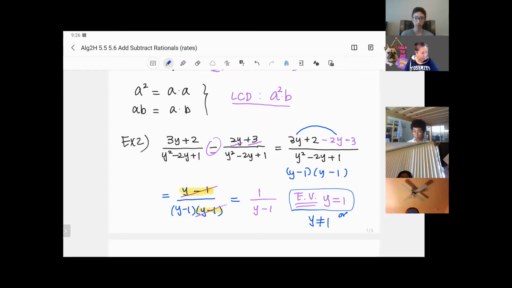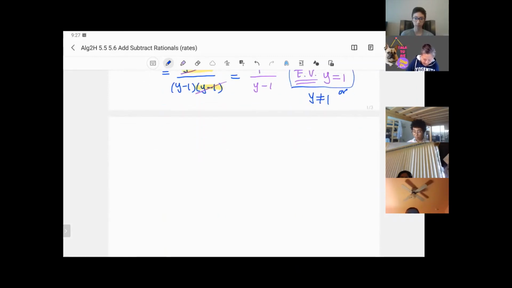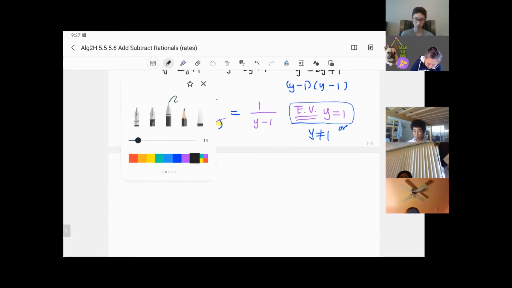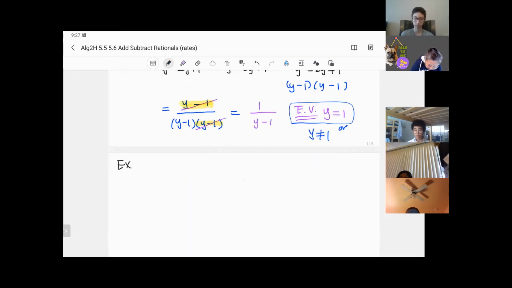Okay, then I will pick this one here, example 3. This is one of the practice problems from 5.5. It goes 5x over x minus 8 plus 7x over x plus 8.